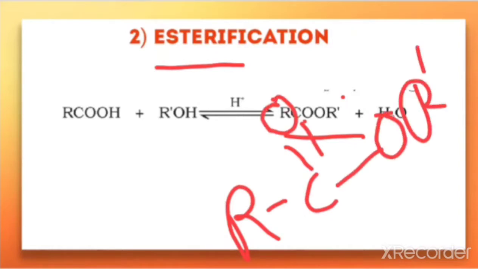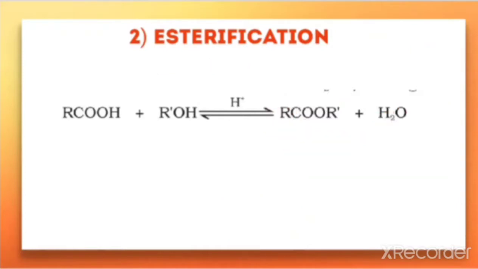Here the carbonyl group is attached to OR', that is an alkoxy group. Now esterification, the process of formation of ester, takes place when the carboxylic acid and alcohol combine in the presence of a mineral acid H plus. It gives rise to ester plus water.